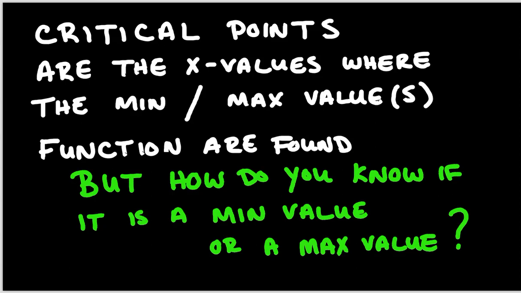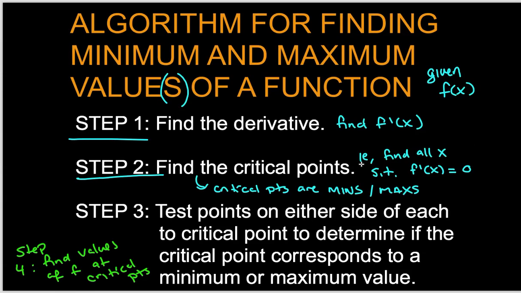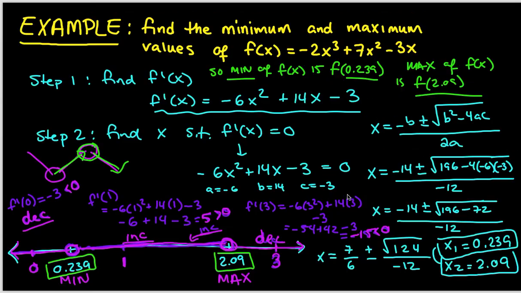The way we find out if a critical point corresponds to a min or a max is we have to see whether the function is increasing or decreasing around it. And we did that by simply finding our critical points, like we did in this last example, and then we found points around it.